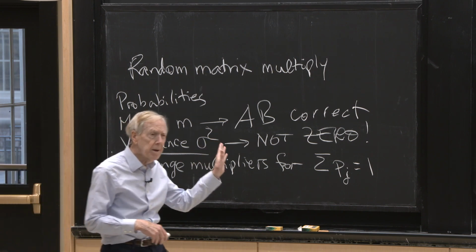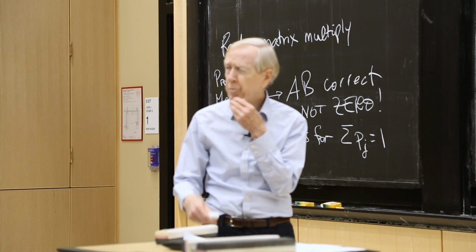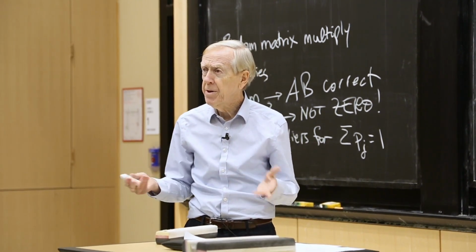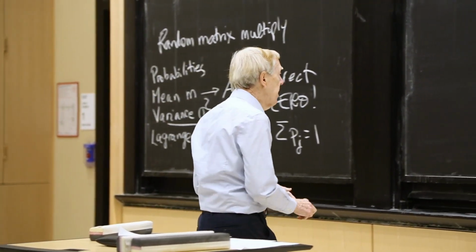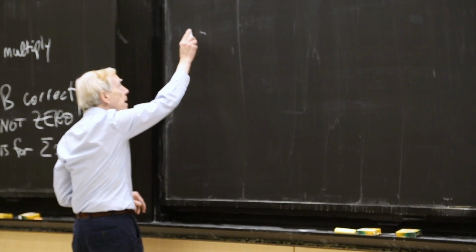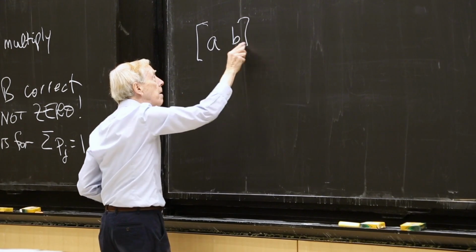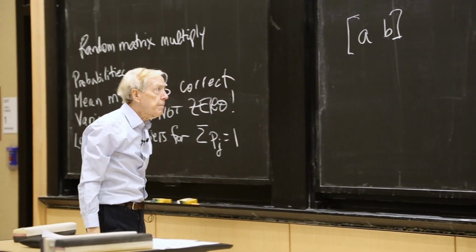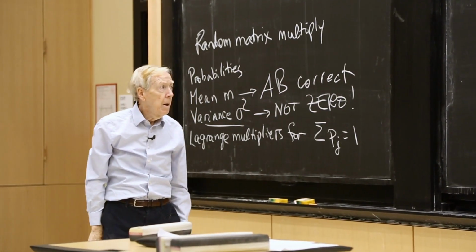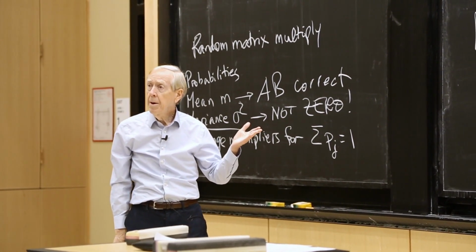So basically, let me do a practice example to recall what mean and variance are about. Let me take a matrix that's 1 by 2. So my matrix is just going to be [A B]. I'm going to sample that twice.